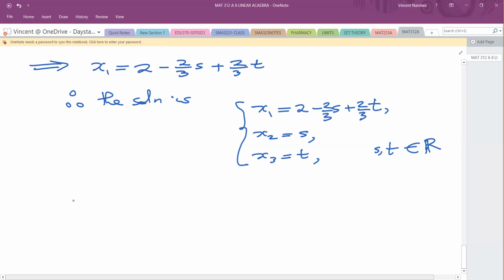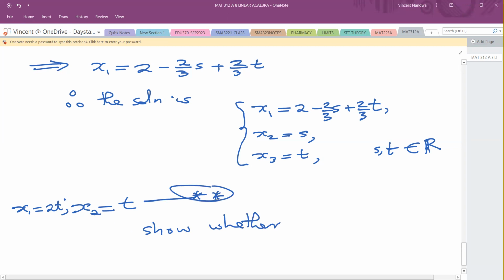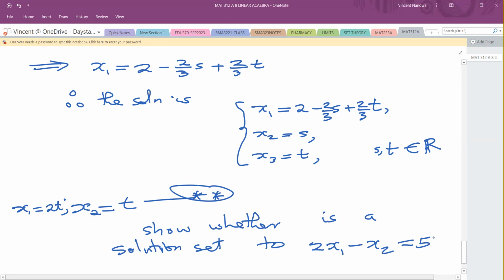For example, if they tell you x2 is t, and x1 is 2t, and then they ask you to show whether this, which I call double star, is a solution set to 2x1 minus x2 equals 5. This is just an example.